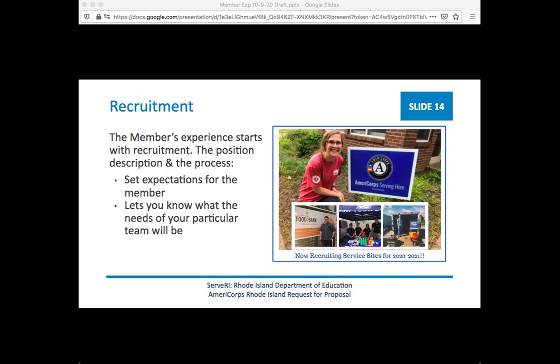As you get to know them through their application or interview, you discover that this person's really strong in this area, but probably is going to need some coaching and mentoring in that area. Or, boy, half our team is a little weaker in this area than we would want, so we're going to need to add some more training in. So really think of your member experience as starting with recruitment and with that relationship.